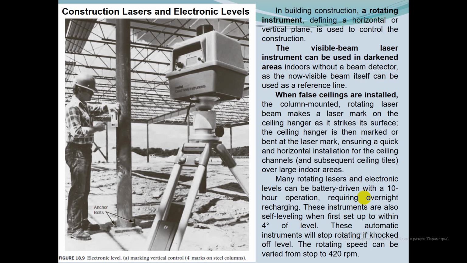Now green beam visible lasers are used outdoors as well as indoors. In building construction, a rotating instrument defining a horizontal and vertical plane is used to control the construction.